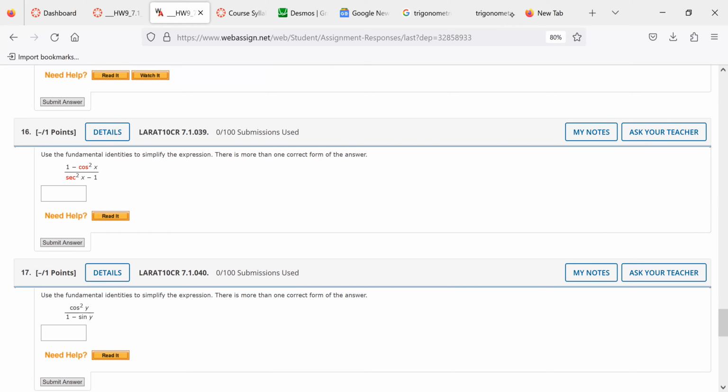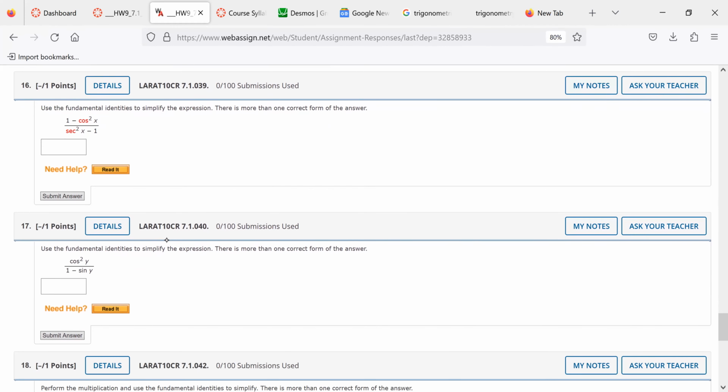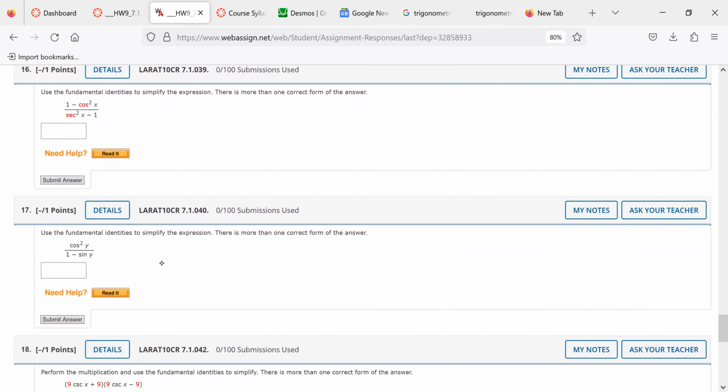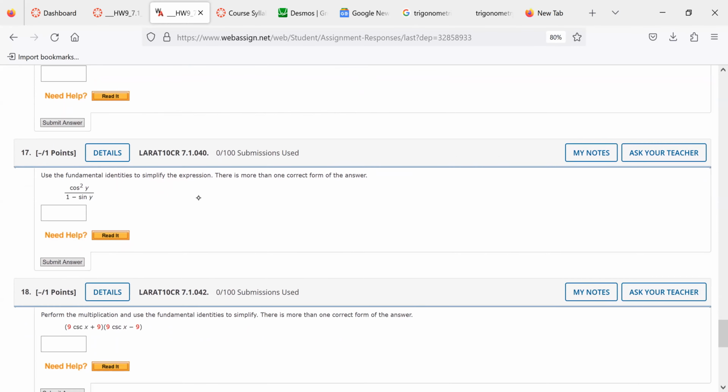On 16, try the Pythagorean identities on top and bottom, see what happens. Something should cancel if you choose the right one. Make them into something that might cancel.